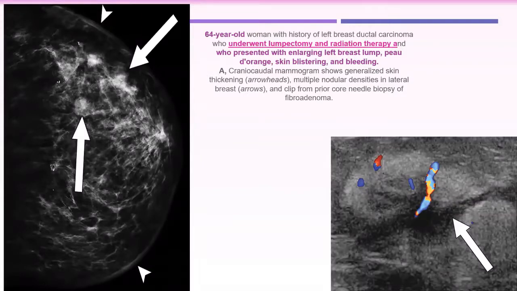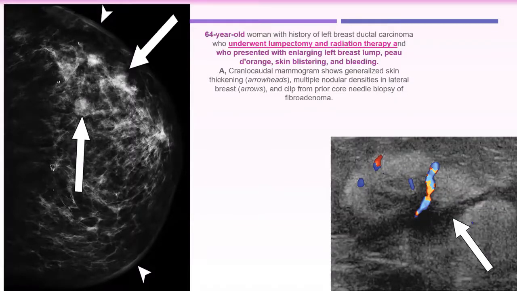Okay, and look for the clue. The patient had previous cancer, underwent lumpectomy and radiation therapy, and is now presenting with an enlarging left breast lump, with orange-peel skin, blistering and bleeding.